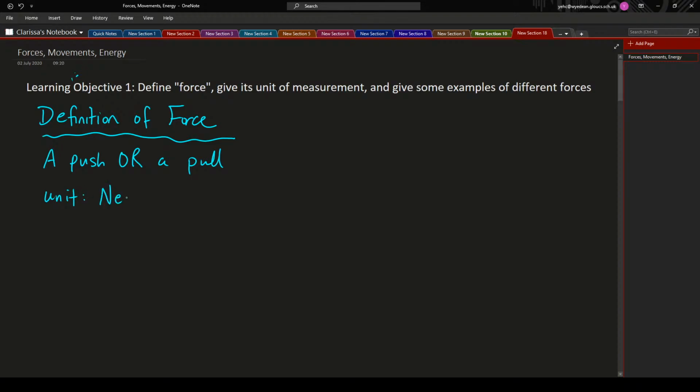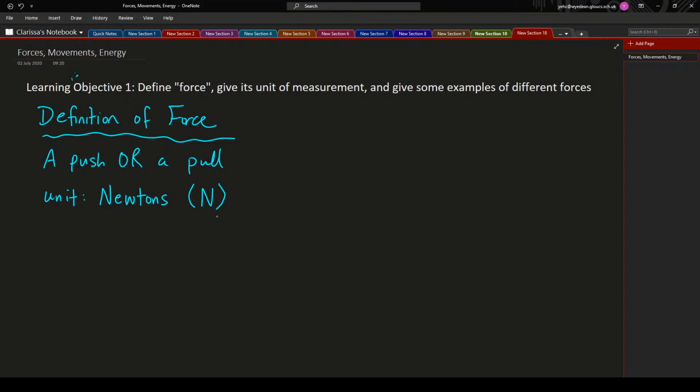And we have a unit of measurement that we can measure forces in. We measure them in newtons. And then we shorten newtons to N. We have this unit of measurement. It's named after this guy named Sir Isaac Newton, who was pretty much one of the biggest prides of the UK in terms of the scientific advancement of humanity.